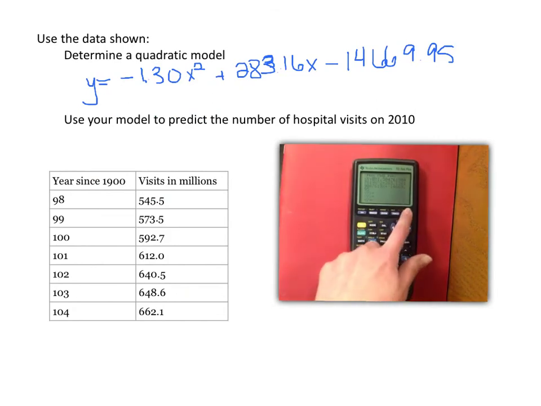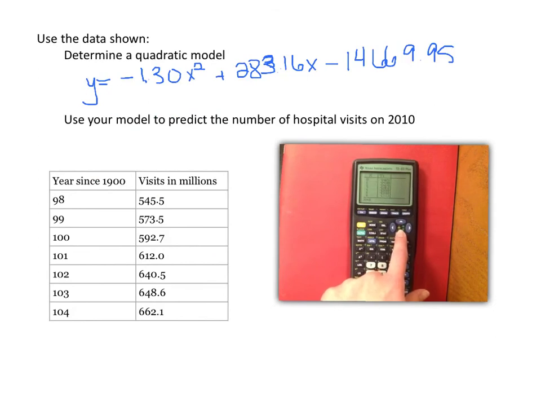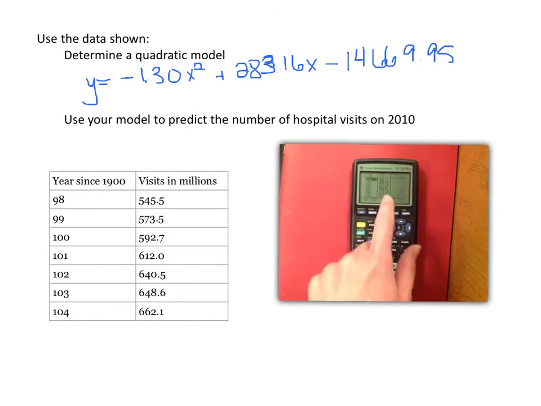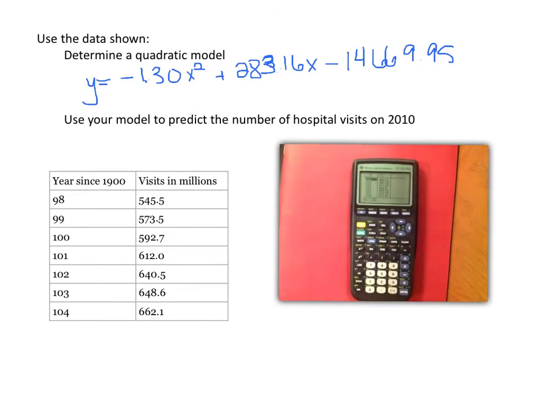If I hit second table, I want 110. So you can do second window, have that start at 110. And it looks to me like in the year 2010, there will be 686.31 million.